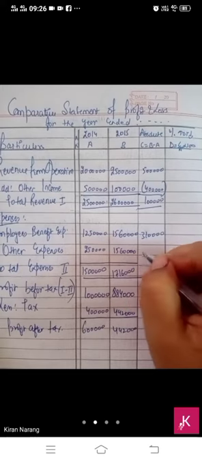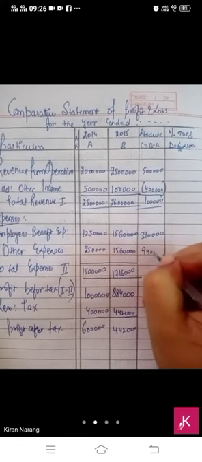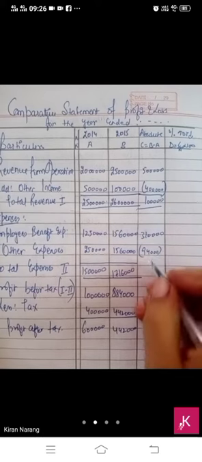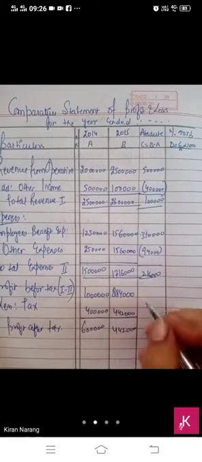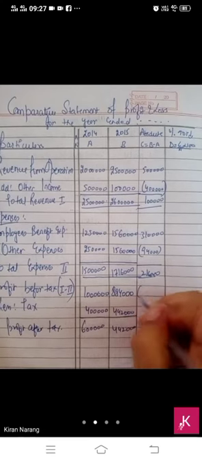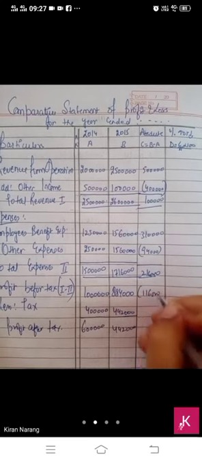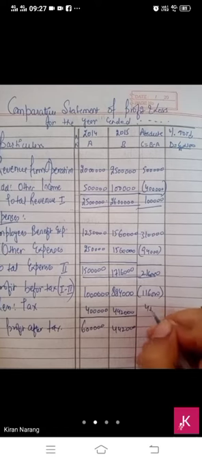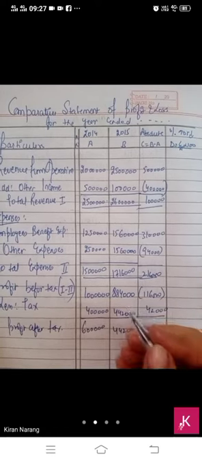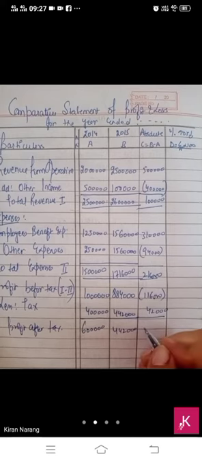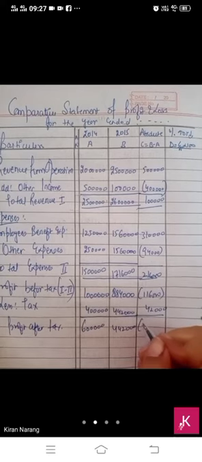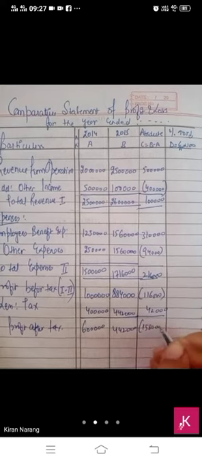Then the next will be minus 94,000, and then minus 1,116 and 42. You just have to deduct A from B, B minus A, like this. It will also be minus 158.